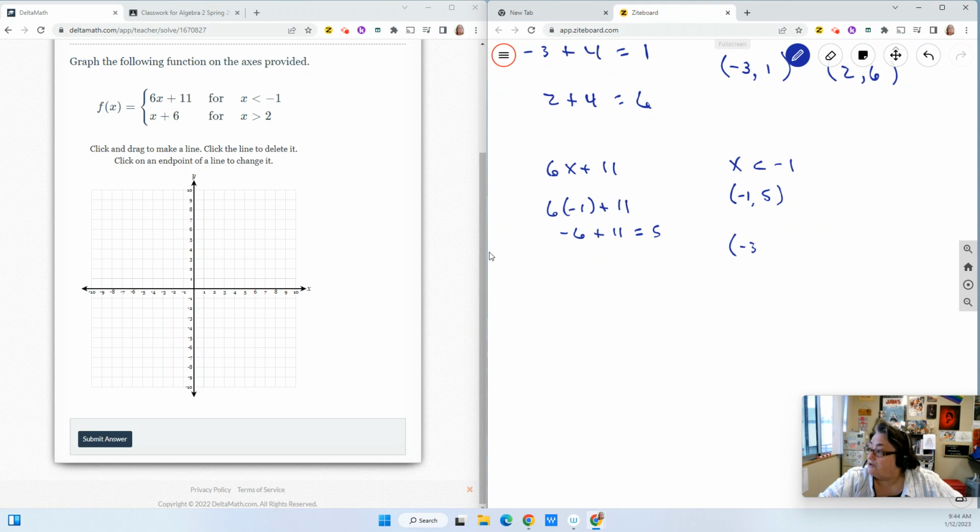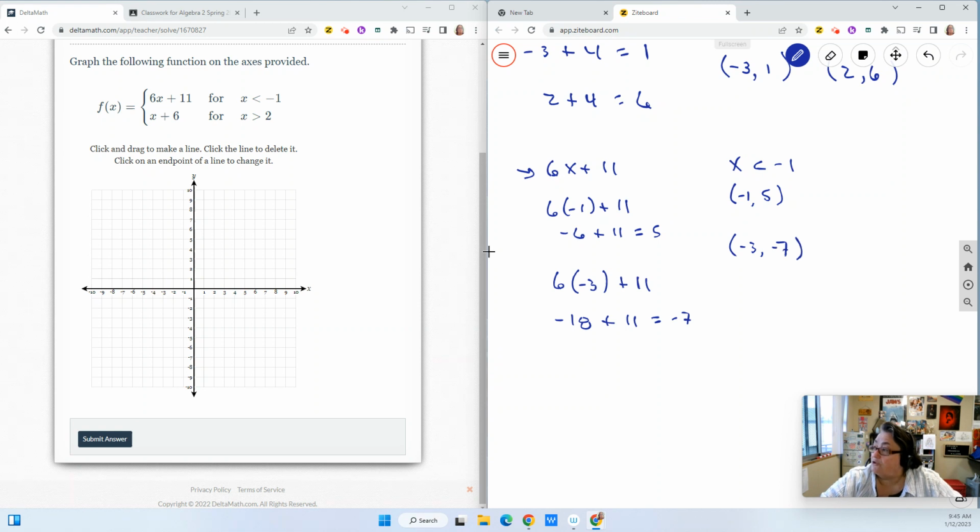Does it matter? No. It just means when I come over here, I'm going to use this equation, and where there's an x, I am going to plug in negative 3, and I get negative 18 plus 11, which is just negative 7.